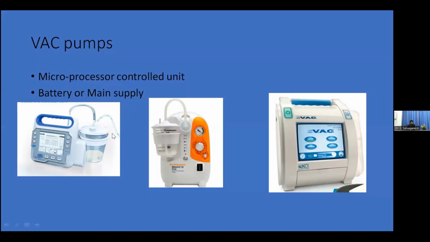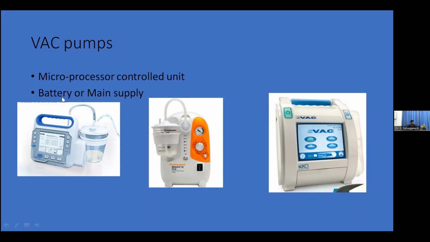There are several varieties of vacuum machine pumps in the market, and we have all these types here in our country. These are microcontroller processed units, and they can operate on battery or main power supply. When working on battery, we can just carry it; it is easy to transport from theater to ward without power supply.